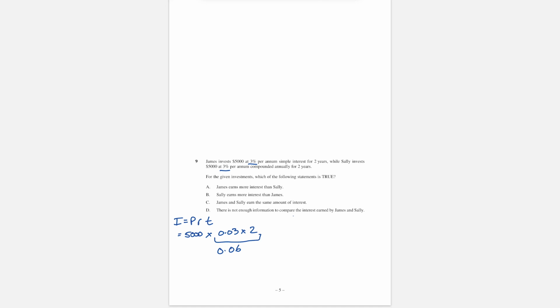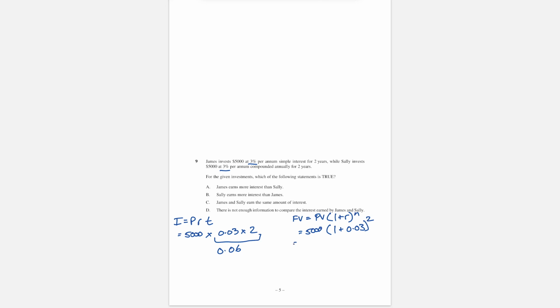And if we compare that to the compound interest formula, FV is equal to PV, 1 plus r to the power of n. That's going to be 5,000, 1 plus 0.03 squared.